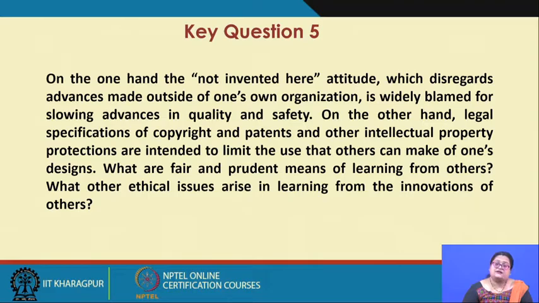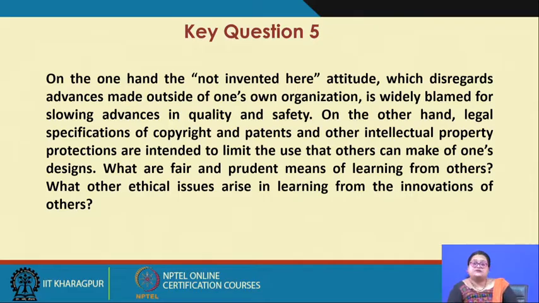On the other hand, legal specifications of copyrights and patents and other intellectual property protections are intended to limit the use that others can make of one's designs. What are the fair and prudent means of learning from others? What are the ethical issues in learning from the innovation of others?